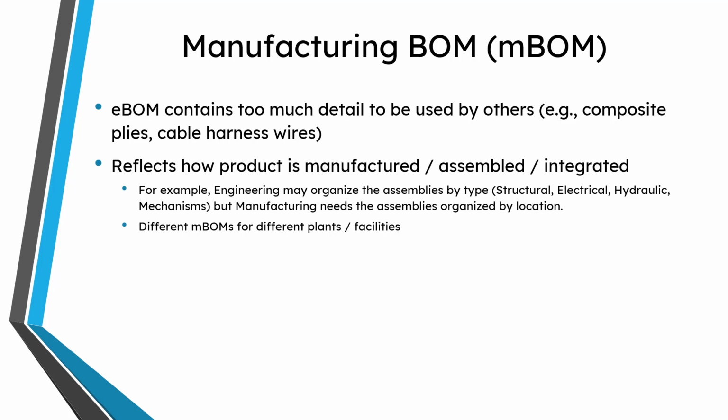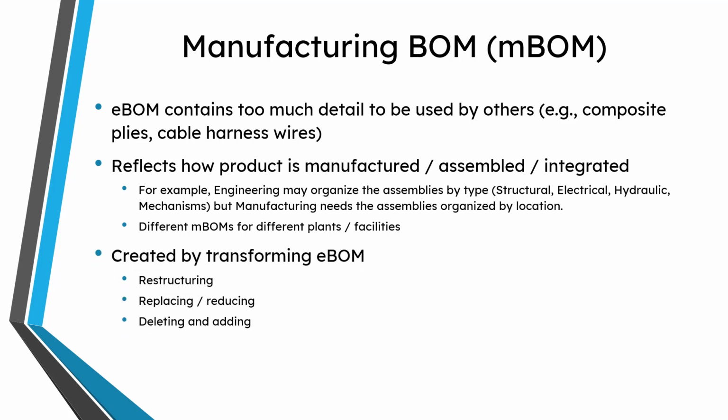Also, depending on where your product is going to be manufactured or assembled or integrated, you might have different manufacturing bills of material for different plants based on where the different stations are located throughout there. And the way that you create the manufacturing bill of materials is by transforming the engineering bill of materials.